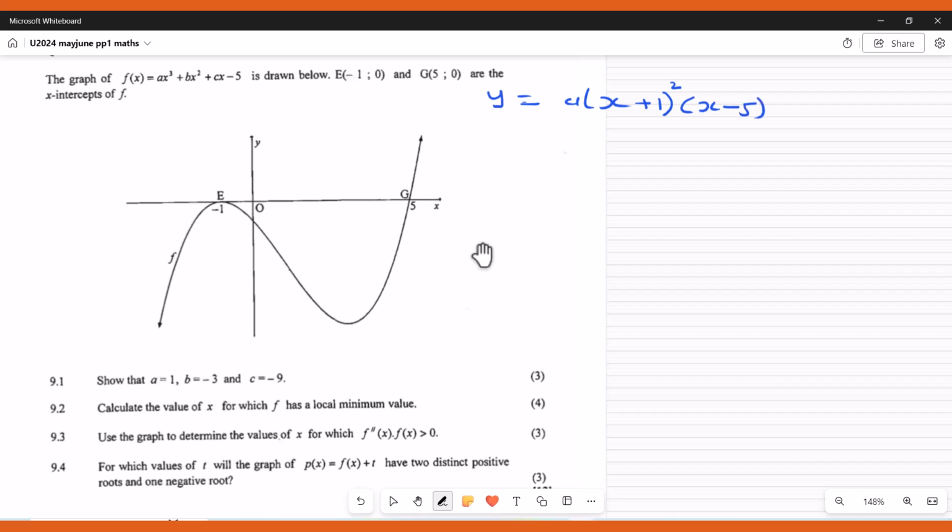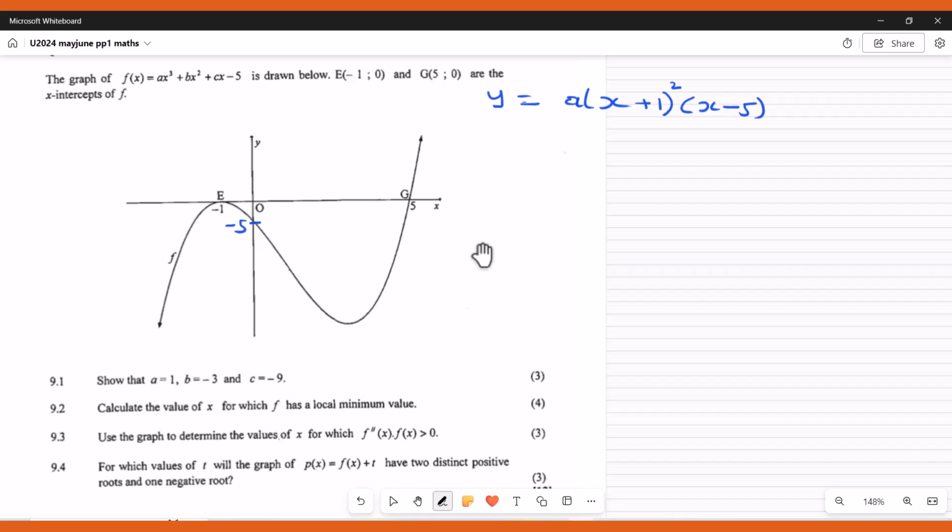Okay, so now to get my a, I'm going to use this point here. Because of this negative 5 here, note that when my x is 0, y is negative 5.